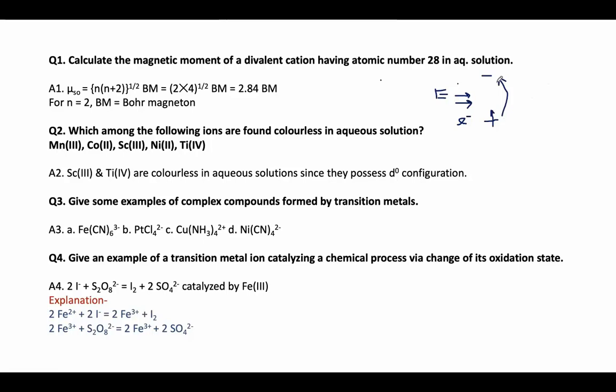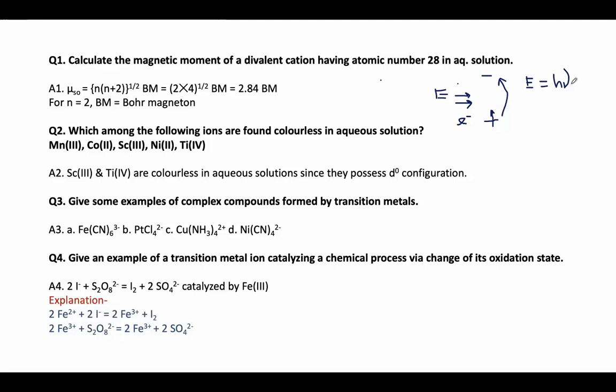Now this frequency generally lies in the visible region. The energy E associated with the process will be equal to h nu, where nu is the frequency of the absorbed light. The color that is absorbed determines what is seen, because the complementary color will be emitted.